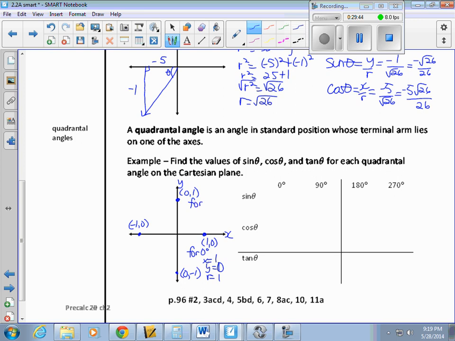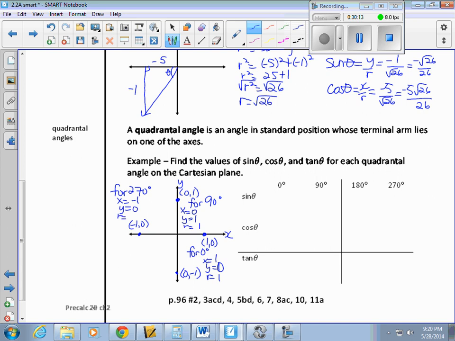So for 90 degrees up here, x is equal to 0, y is equal to 1, so then r is going to equal the square root of 0 squared plus 1 squared, which is just 1. For 180 degrees, my x is equal to -1, my y is equal to 0.